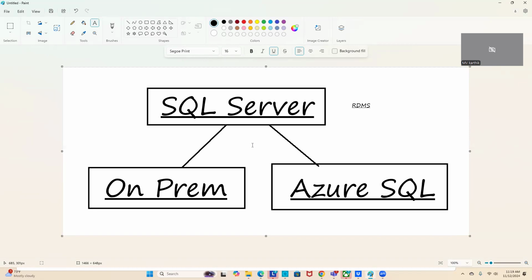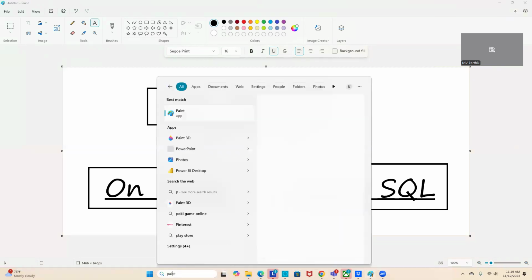So what is the benefit of using the SQL Server? You may get many questions: why do we need this SQL Server, and why do IT people use it? Basically, let's say I'm working in company X, and in that company I have various clients.